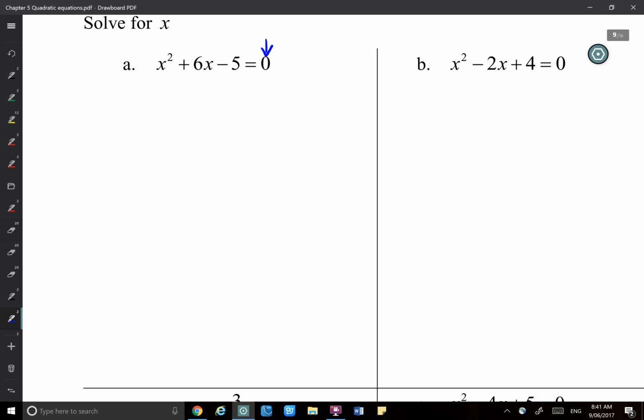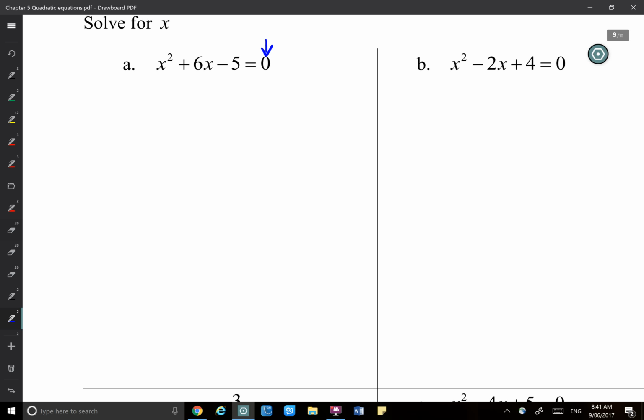If it were a positive 5, I could have 1 and 5 to make a 6, but it's negative, so I can't. Therefore, what we need to do is complete the square.